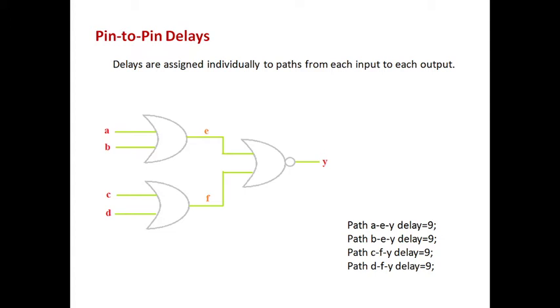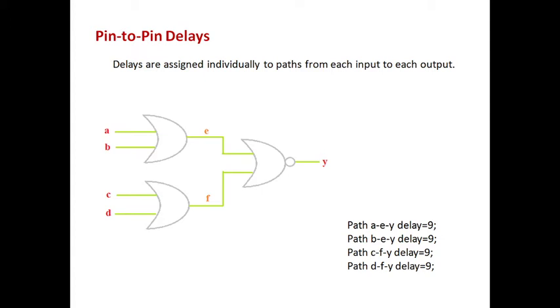Then the very next one is pin to pin delays. Delays are assigned individually to paths from each input to each output here. Let me explain. As in the earlier cases we had distributed delay and lumped delay, but pin to pin delay is a third method of delay specification for a module.